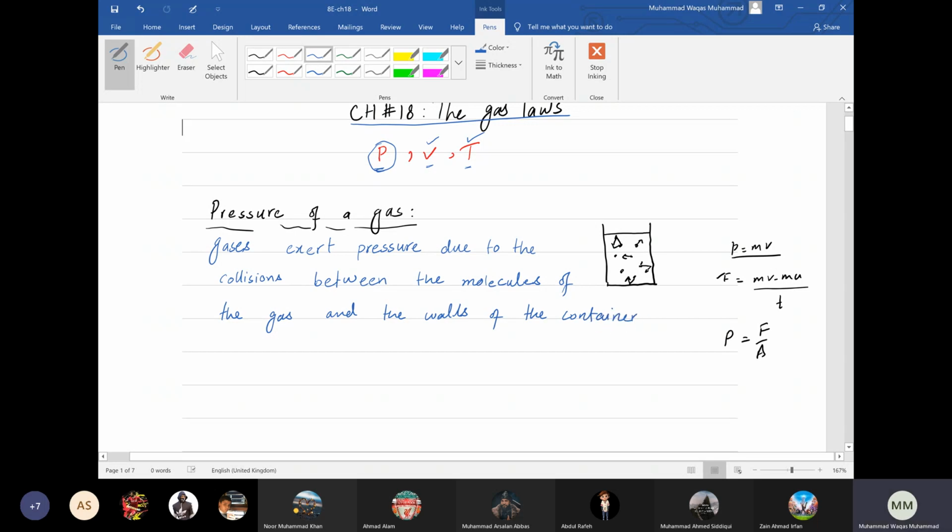So beta, basically the pressure of gas is due to the collision between the gas molecules and the walls of the container. This is the main reason why gases exert pressure.